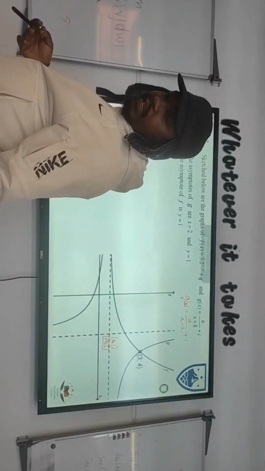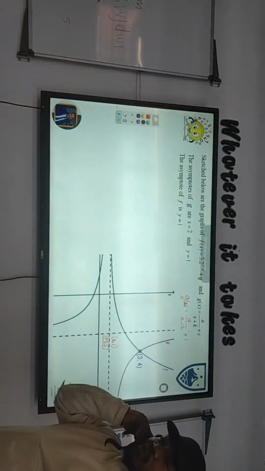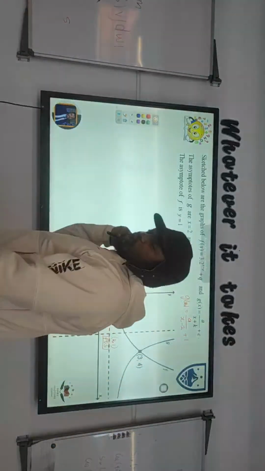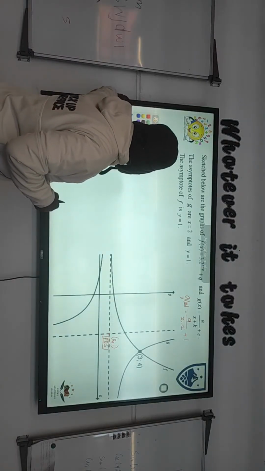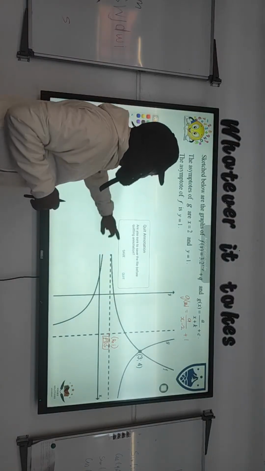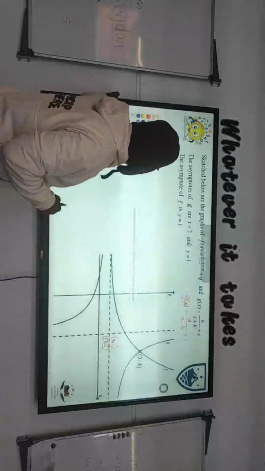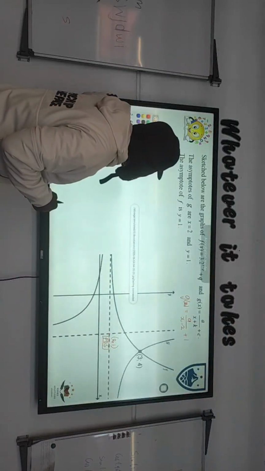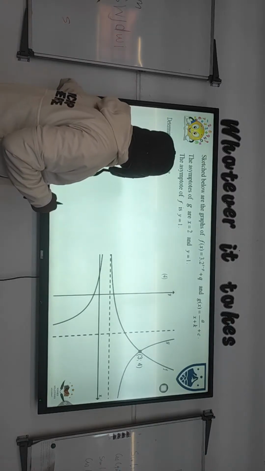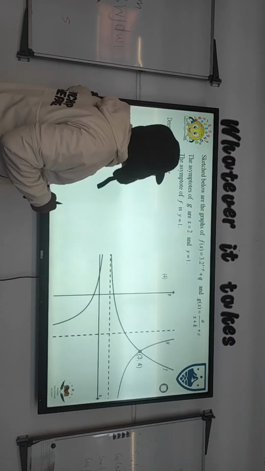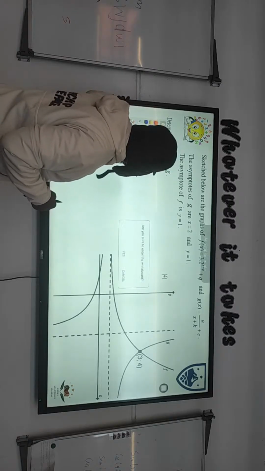And then the next question you say, determine the equation of G. If the question was to say, determine the equation of G, I will then come and say, all right, let me do this.